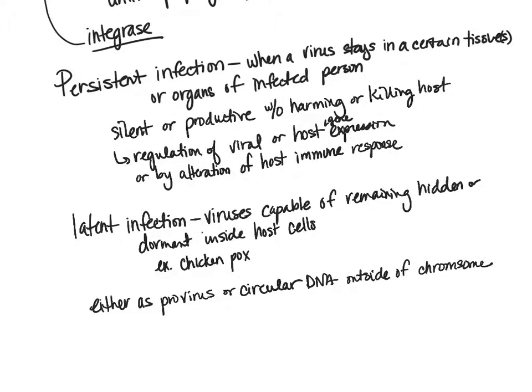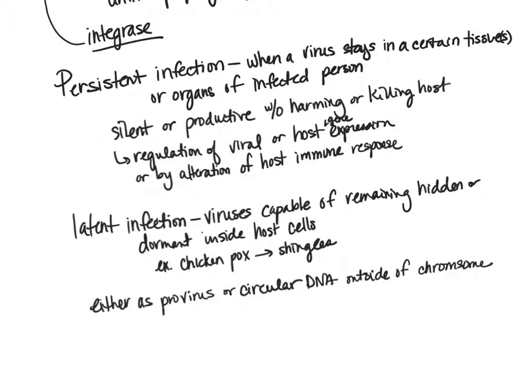Sometimes it can stay hidden or dormant like the chickenpox virus. But then when a person is under stress and their immune system is decreased, that virus can start to show itself. It'll start to make copies of itself, and the body won't be able to fight it off as easily. So when you have chickenpox and you see a recurrence of that later, it's called shingles.